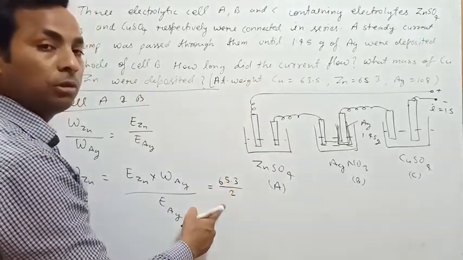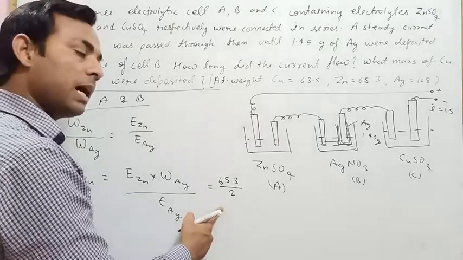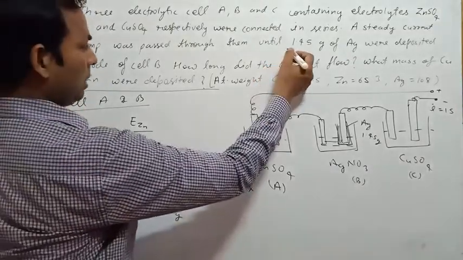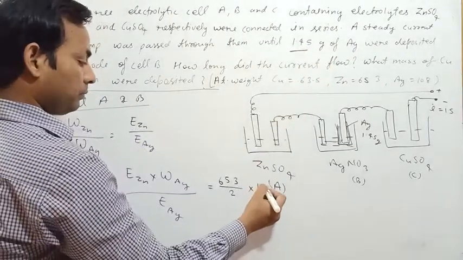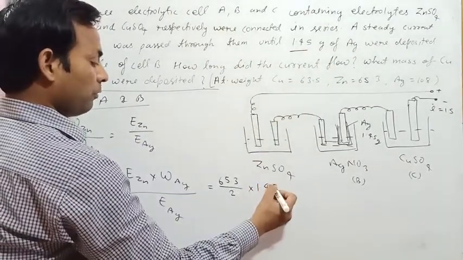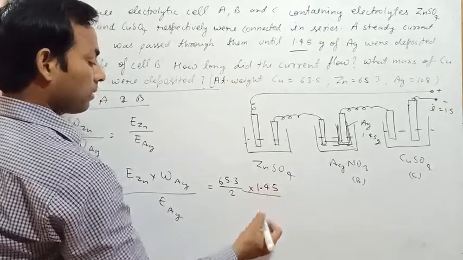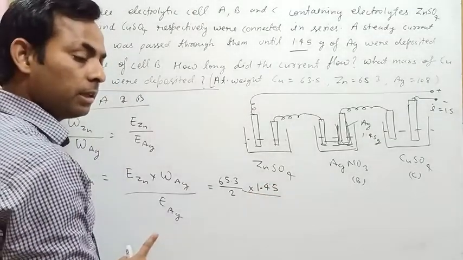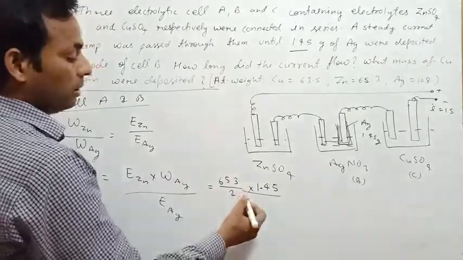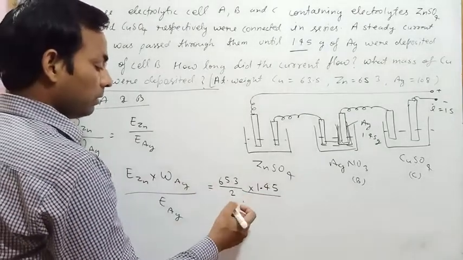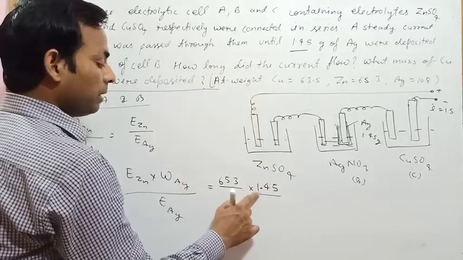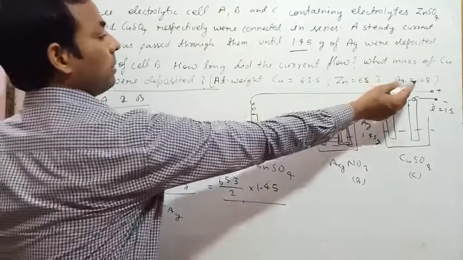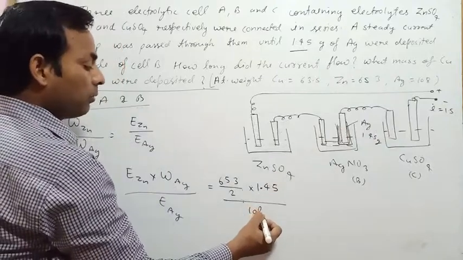Why have I written 2? Because the valency of the zinc ion is 2, into the mass of silver. The mass of silver given is 1.45 gram, upon E silver, the equivalent weight of silver. The equivalent weight of silver equals atomic mass of silver, 108, upon its valency.